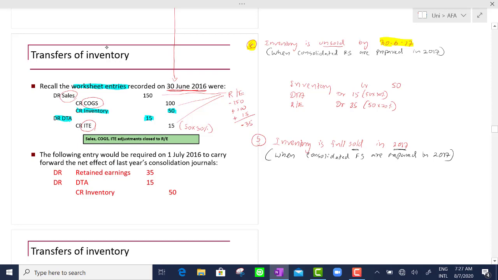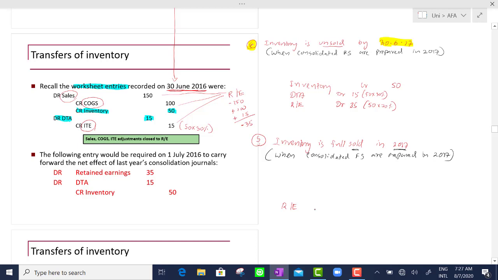Let me take this color. Now, because of the intercompany sales, last year profit has been overstated by 35. The same logic. Last year profit has been overstated by 35.